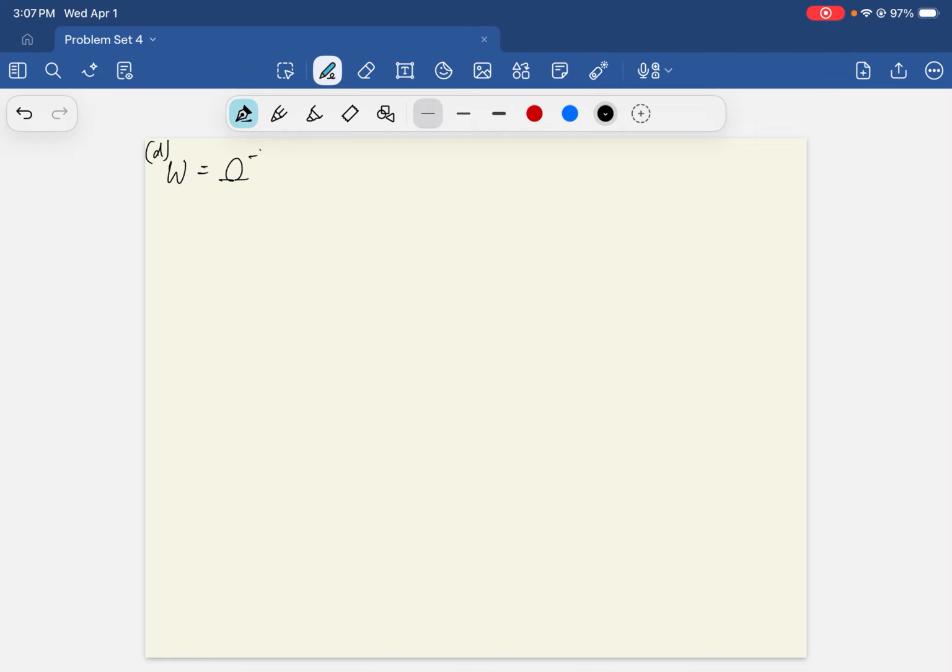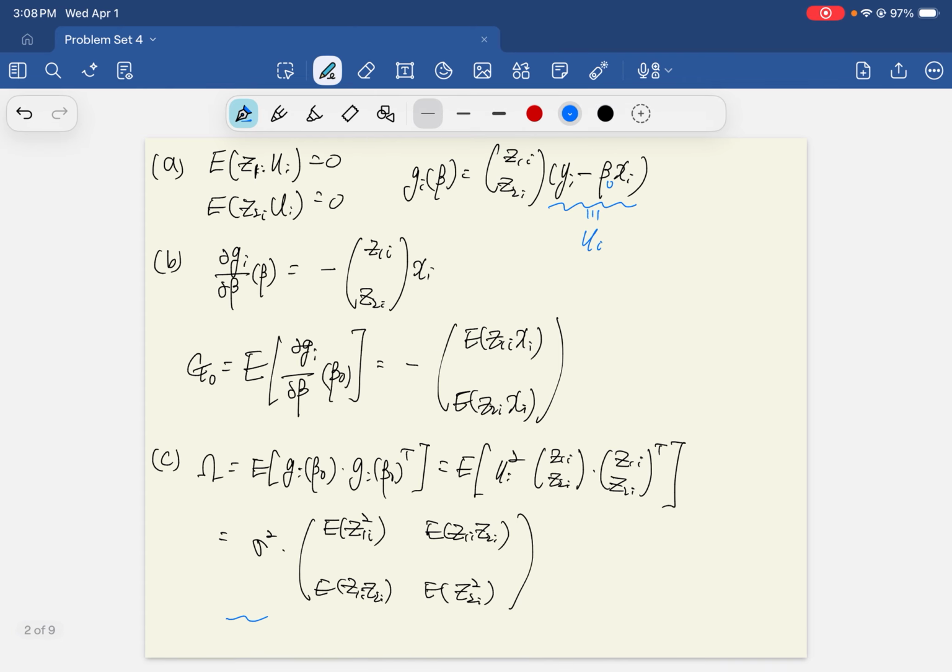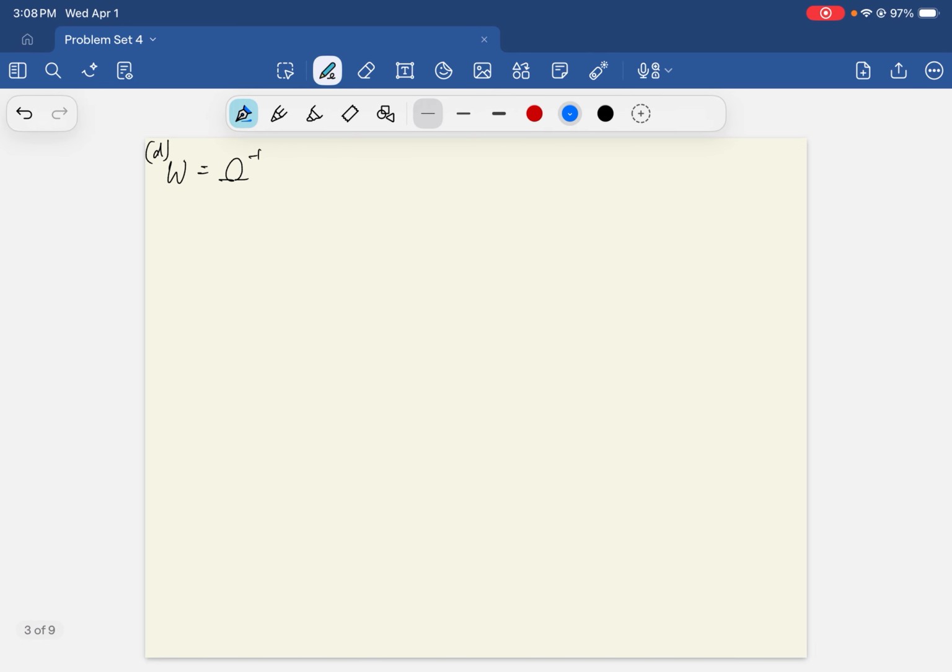Now then, we need to think about the weight. Of course, we know the best weight is omega inverse, but we need to calculate this in finite sample. Expectations are not that hard to calculate, but sigma squared is a problem. So instead of using sigma omega inverse as a weight, I'm going to use omega inverse times sigma squared. So you don't need to estimate the details.